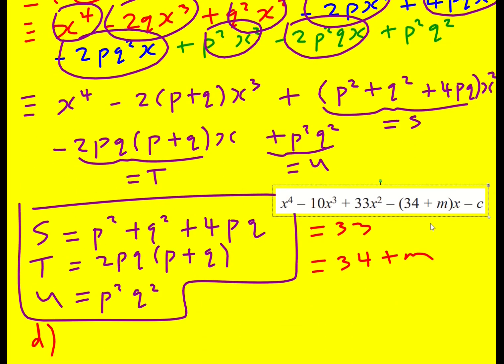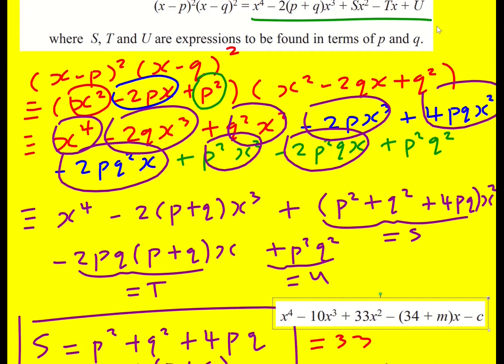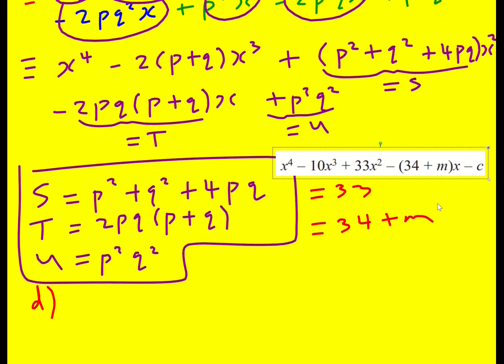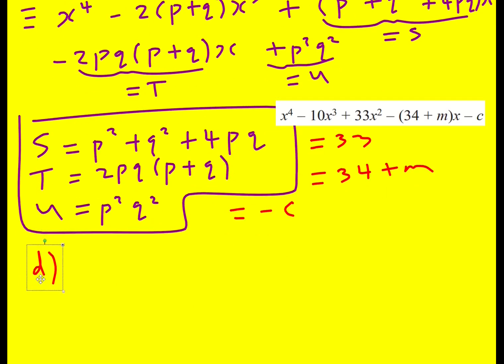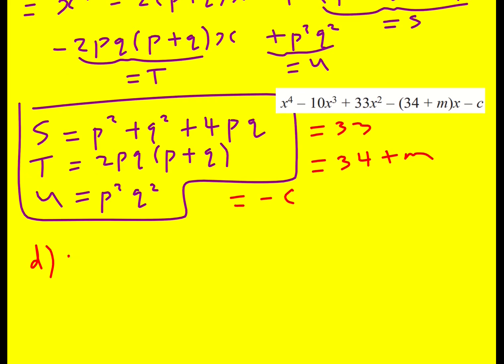And then that just leaves, I've got minus c, and I've got a plus u. So actually this here is going to be minus c. So using A and C, we're going to get this.